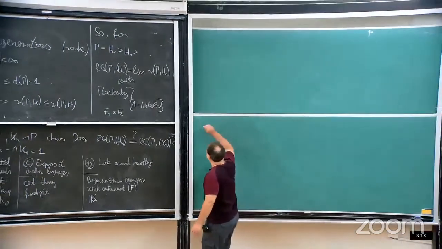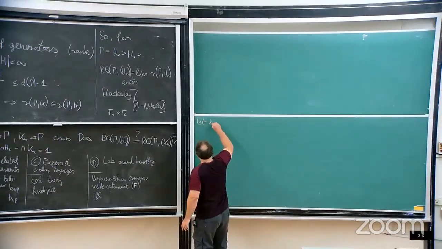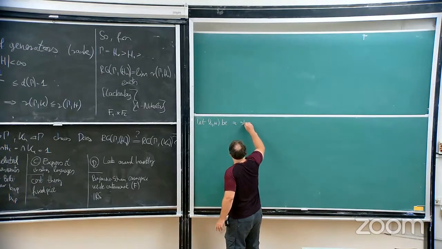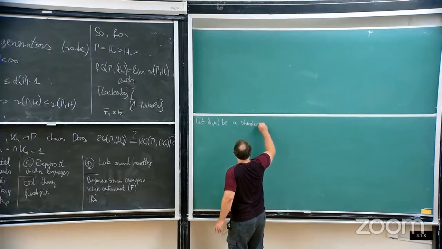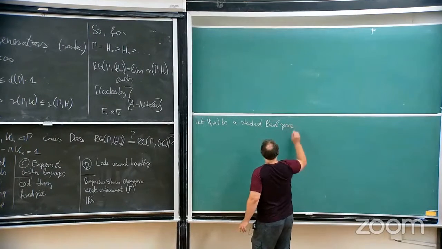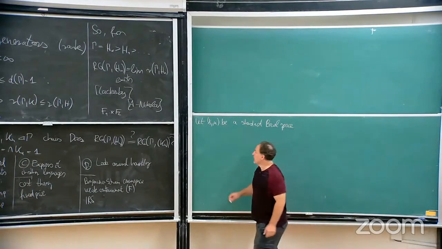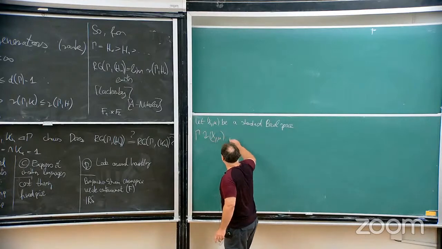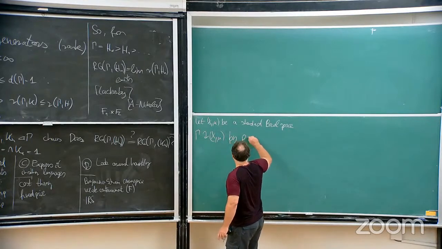So let X be a standard Borel space, not a Borel place, with a probability measure, and let gamma act on X, mu, by measure preserving maps.